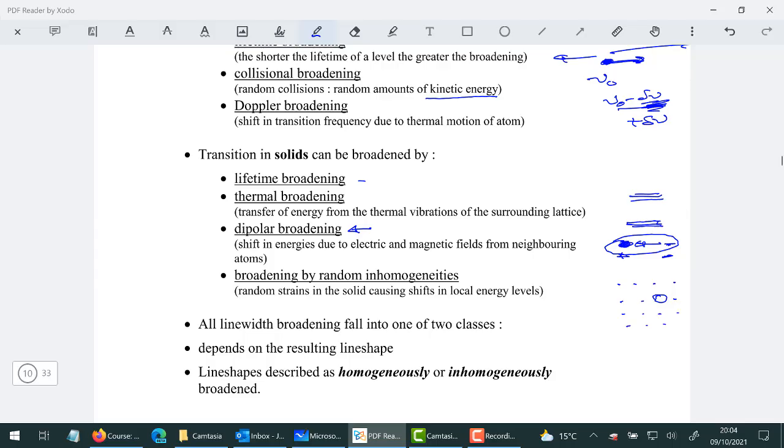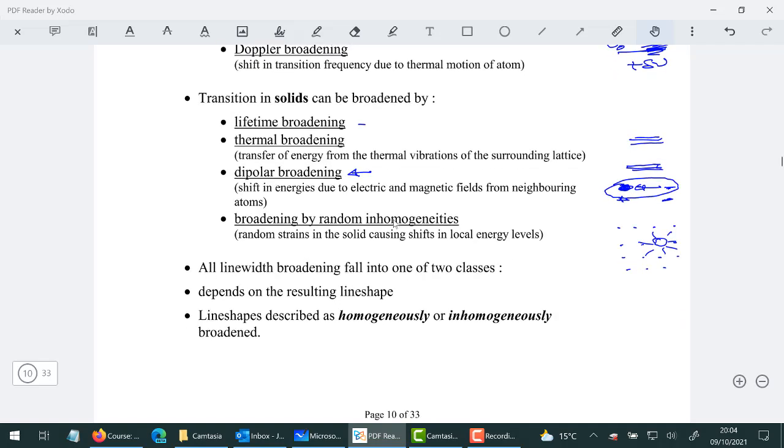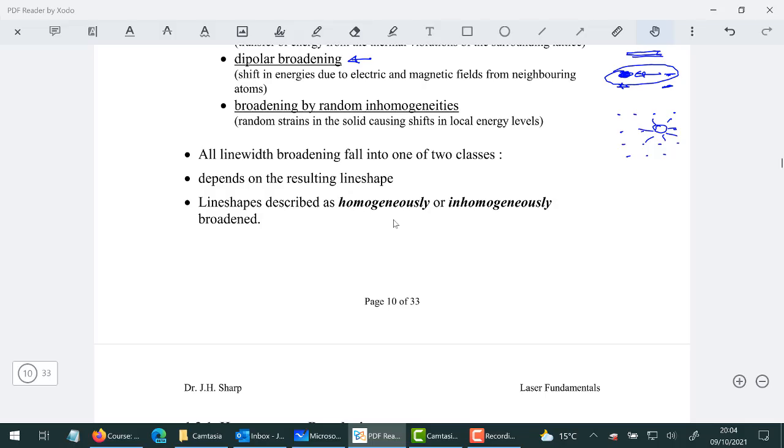That's obviously going to cause all sorts of strains and stresses locally within the material, and that will give you some broadening as well. All of these types of broadening fall into two different classes, which we'll collect together as homogeneously and inhomogeneously broadened. So we need to understand what those mean.